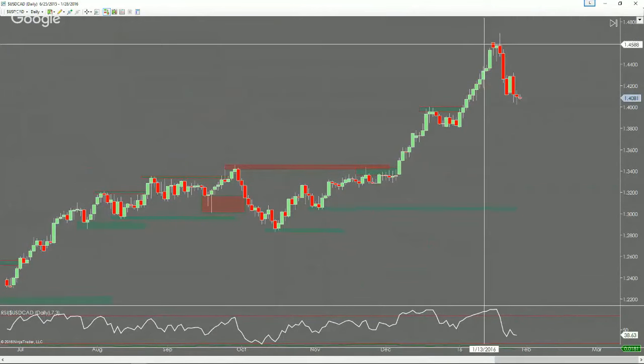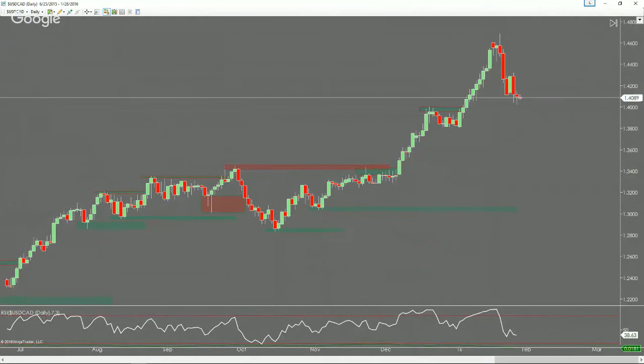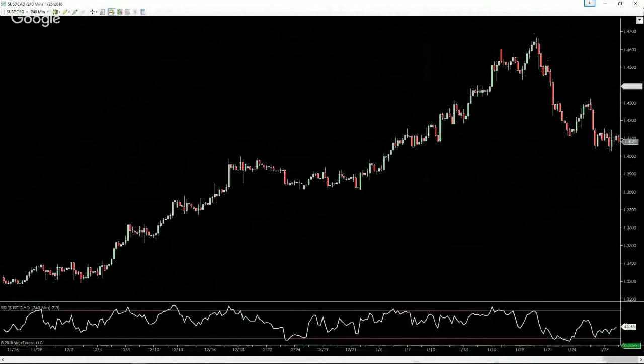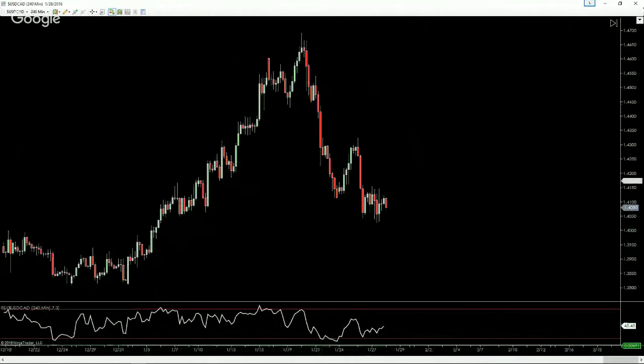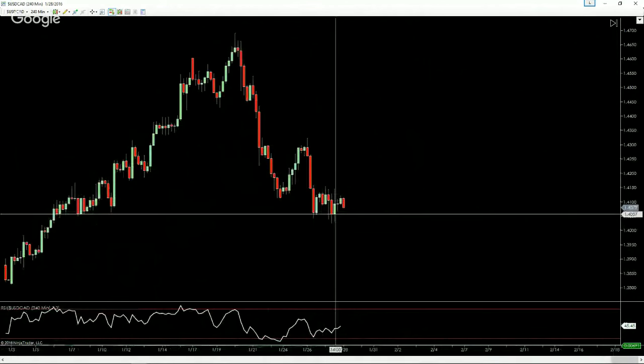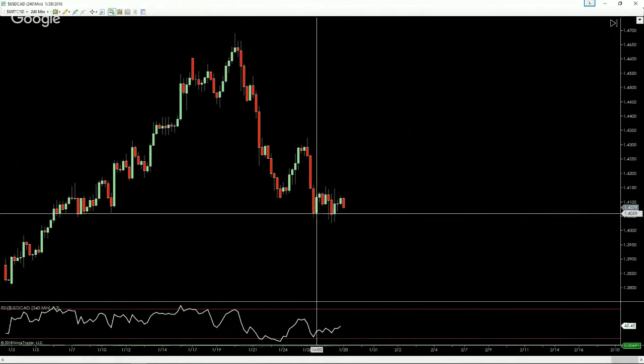So we have those. Now let's go to the dollar CAD. Dollar CAD, we're at a retracement. It looks like price is finding some sort of structure or resistance right there. So let's go down to our 240. On the 240, price did retest this level of structure right here.